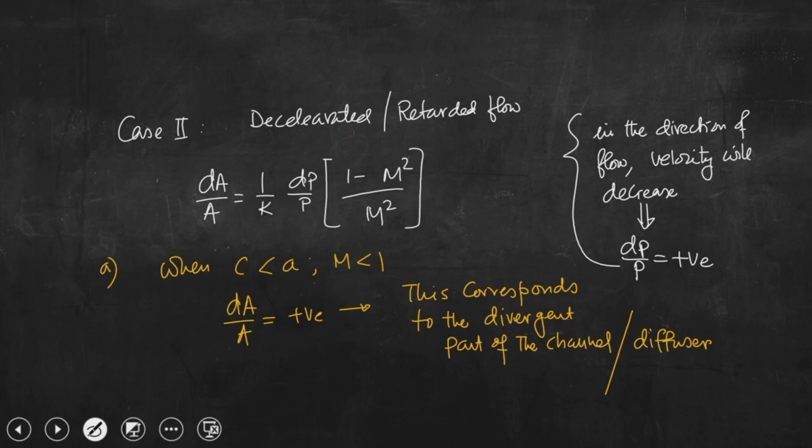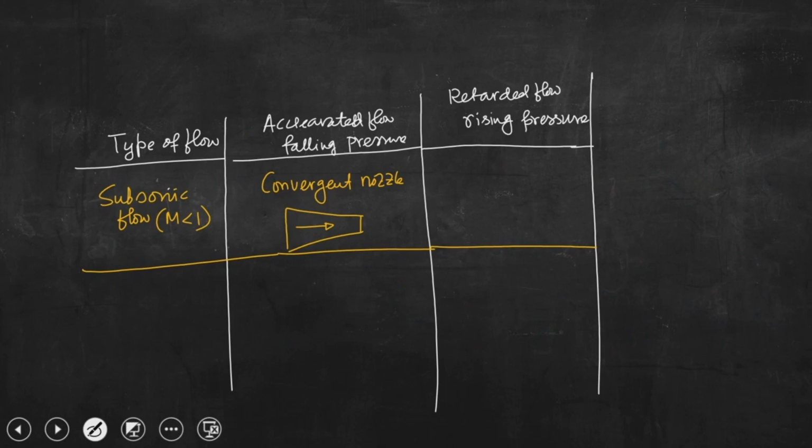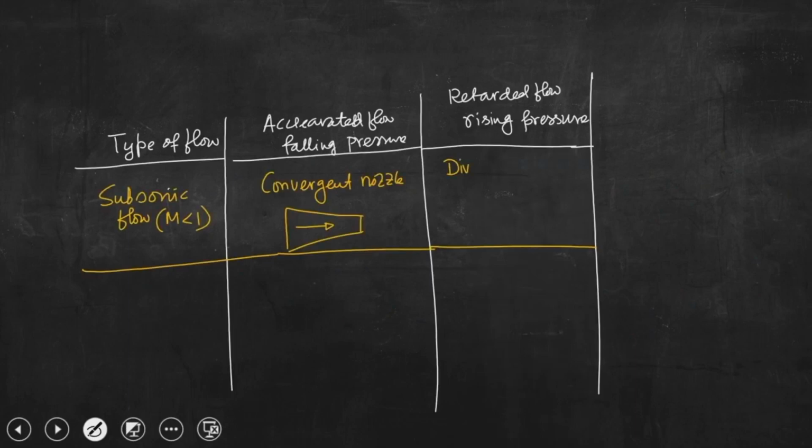So, divergent part of the channel itself is the diffuser. So, I am writing divergent diffuser, right. So, this is the case, this is the flow direction. Arrow indicates the direction of flow.